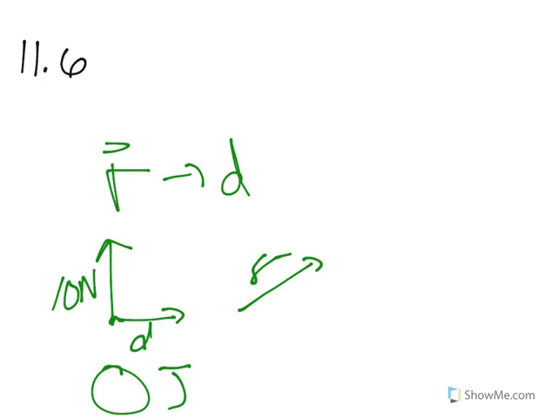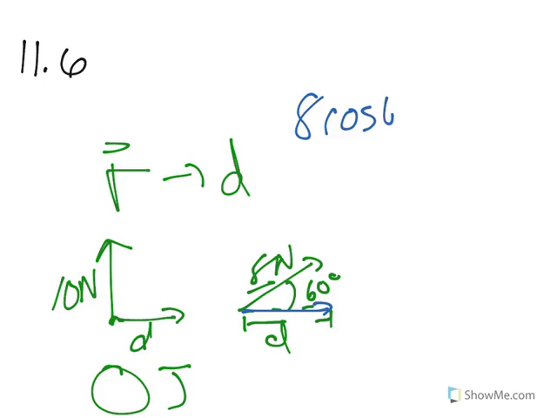The other one's 8 newtons at an angle of 60 degrees. And the displacement is the same. But remember that the displacement and the force have to be in the same direction. So only a component of this force is in the same direction, and that's the x component here. So 8 cosine 60 is the force that you would multiply times this distance.